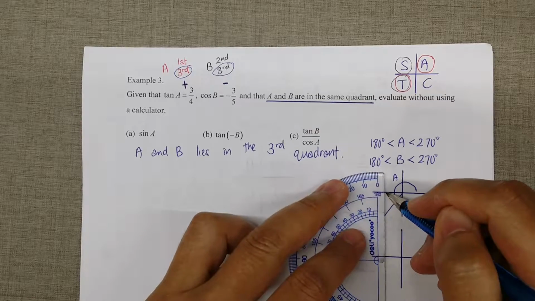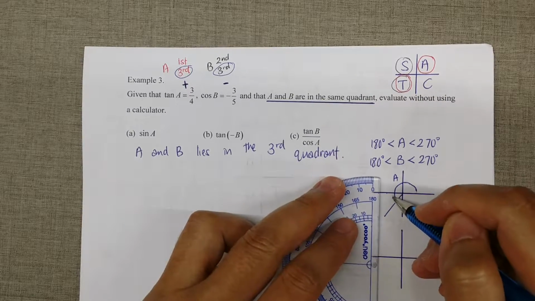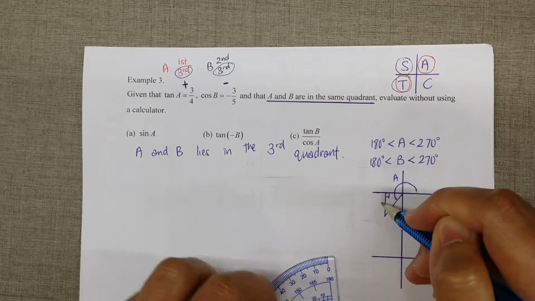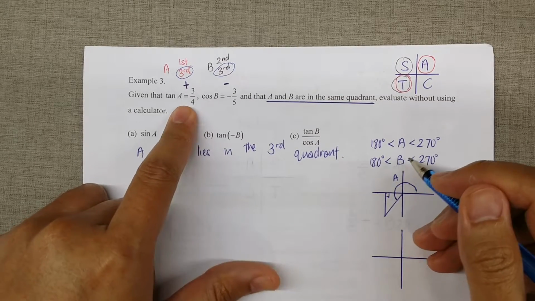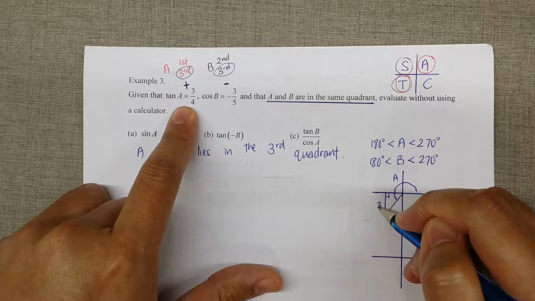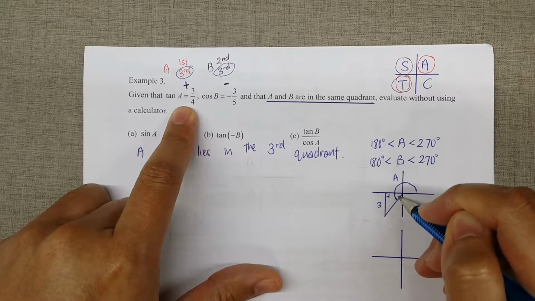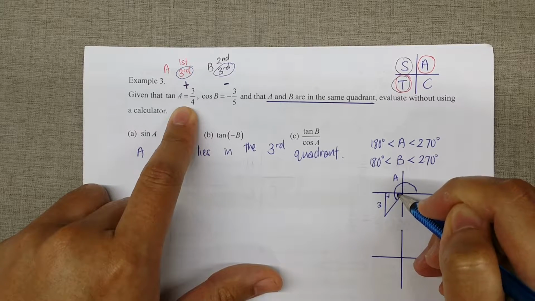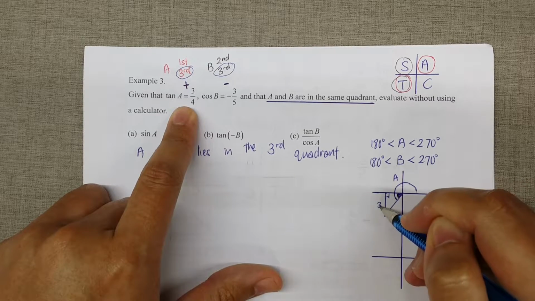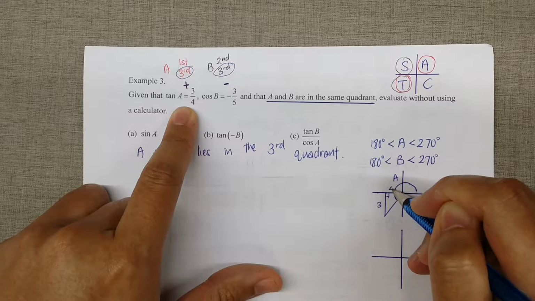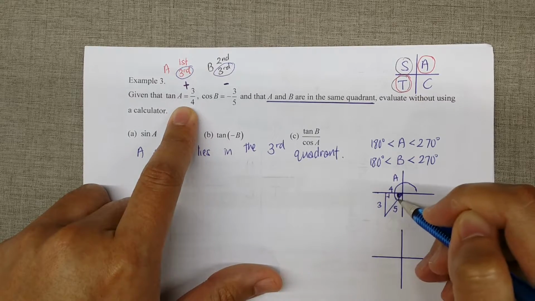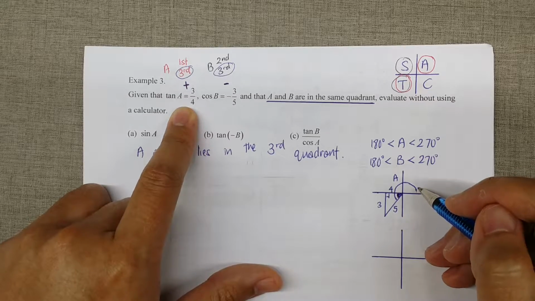Then I will draw the right angle triangle. They say that tangent A is 3/4. So opposite is 3. The reference angle, the basic angle, is here. So this is 3, adjacent must be 4, hypotenuse must be 5. Pythagoras theorem tells me that.